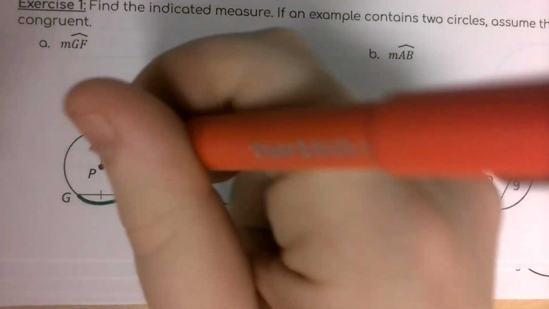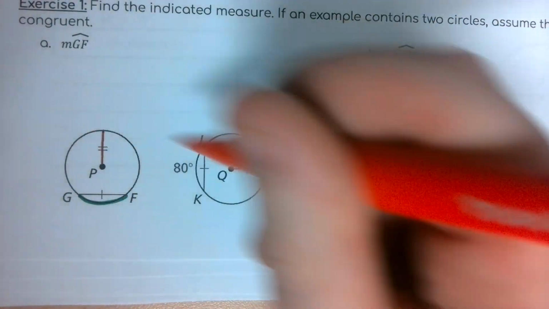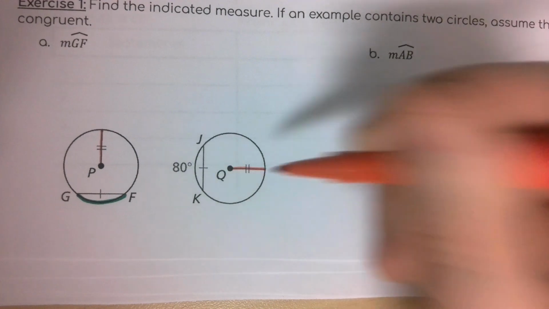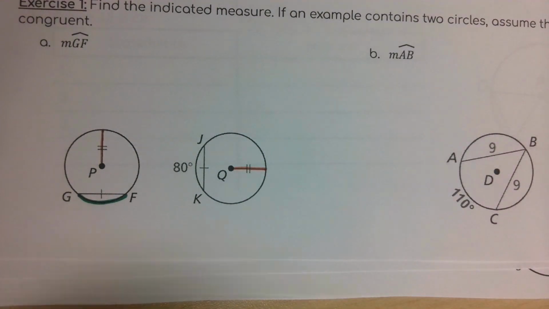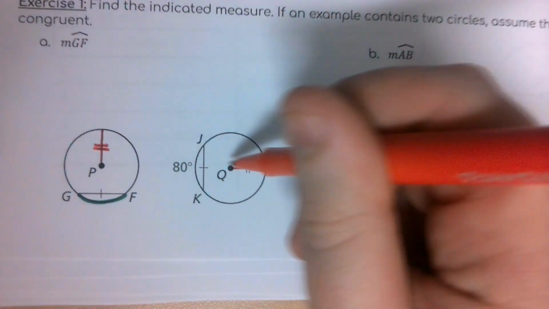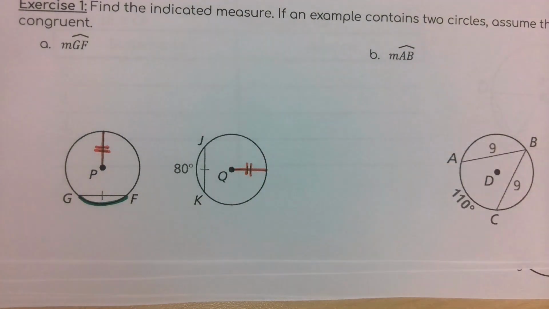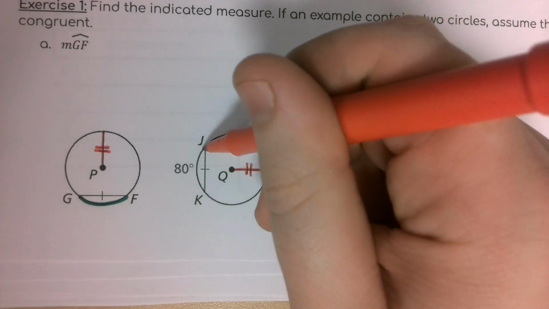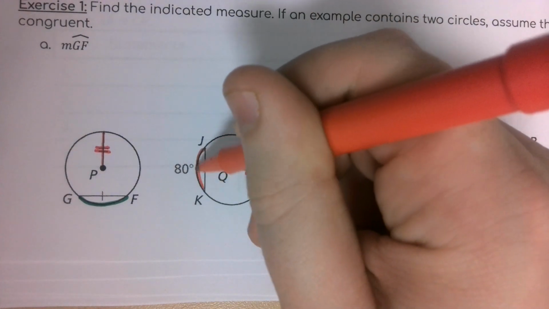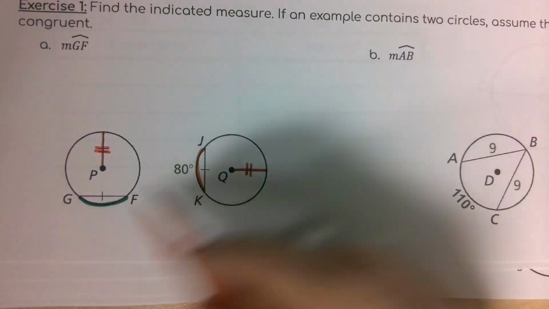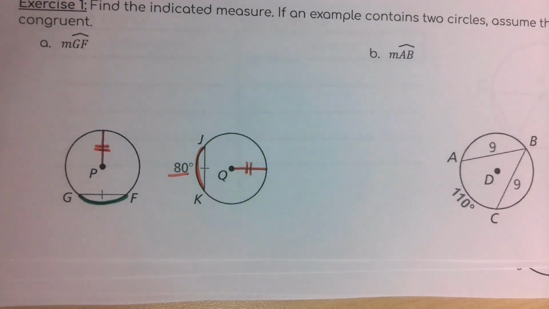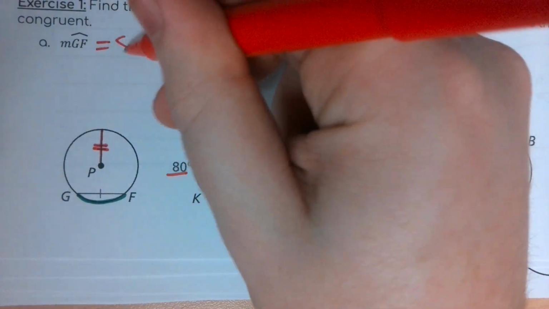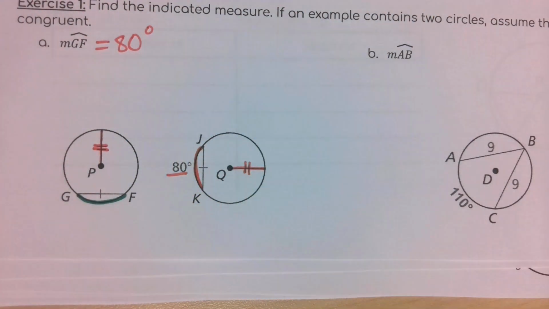Well, that's where these come into play. A line segment that goes from the center to the edge is a radius. And if two radii are congruent, the two circles are congruent. Which means, yes indeed, these two arcs are in fact the same. Since JK is 80 degrees, GF is also 80 degrees.